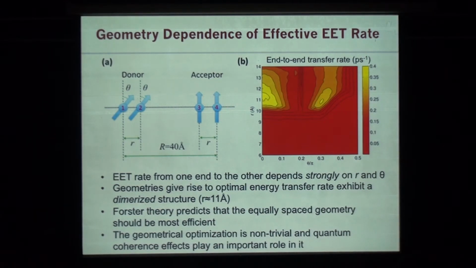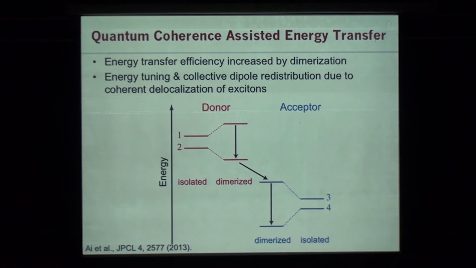And there are some details in there, but our conclusion here is you need to consider the quantum coherence effect, the delocalization, superposition of excitations. If you consider the donor states, when they are isolated, there are two energy-localized excitations, but they are coupled to each other according to the coupling constant. They split, and this splitting depends on the coupling constant. Stronger coupling, bigger splitting. Weaker coupling, smaller splitting, or even not really split.